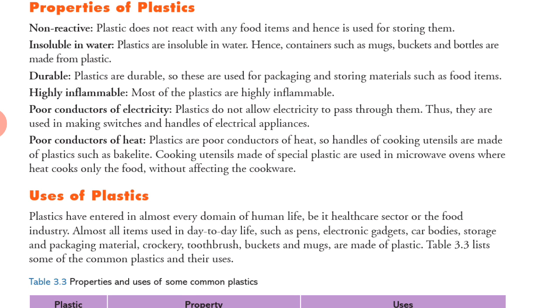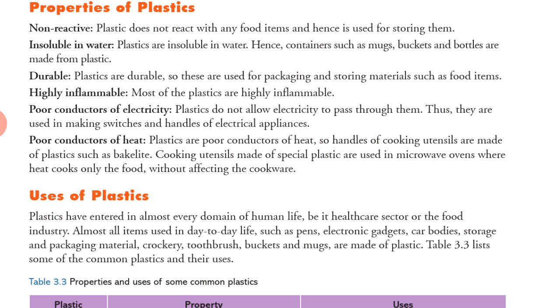They are highly inflammable. Most plastics are highly inflammable. Poor conductors of heat or electricity, or you can call them insulators of electricity as well as of heat. Plastic does not allow electricity to pass through it, thus it is used in making switches and handles of electrical appliances.